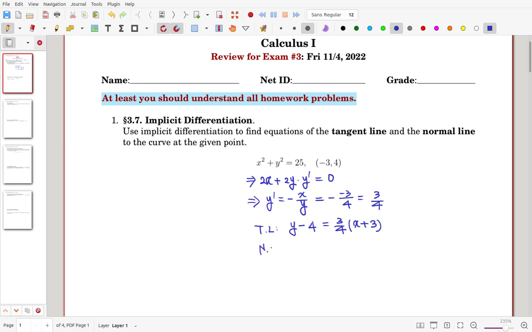And for the normal line, the slope must be the number such that the product with this slope is -1. So you can easily get that the slope for the normal line must be -4 over 3. Here we have the same point, so y minus 4 equals -4 over 3 times x plus 3.